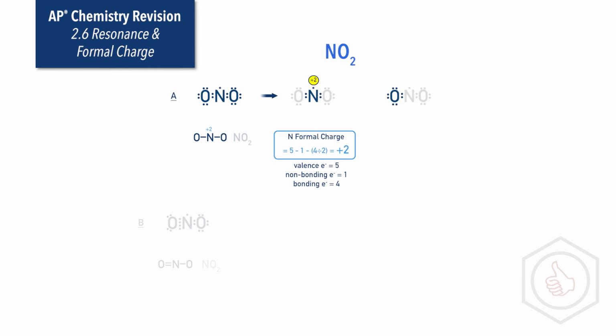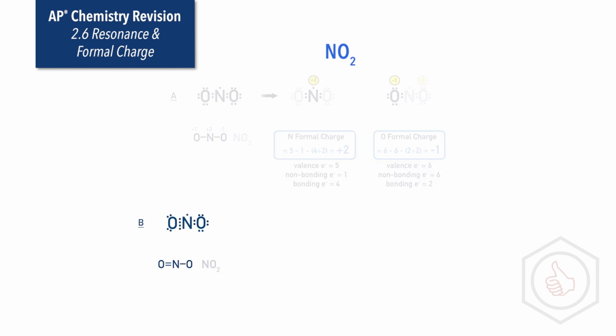The oxygens are both identical here in terms of their electron arrangement, and their formal charge will be 6 minus 6 minus 2 divided by 2. Because their valency is 6, they have 6 outer electrons to start with, they each have 6 non-bonding electrons, and they each share 2 bonding electrons with the nitrogen, giving a formal charge of minus 1. So in the first structure, we have a positive 2 formal charge on the nitrogen, and a negative 1 formal charge on each oxygen.